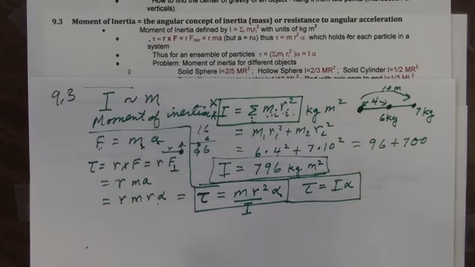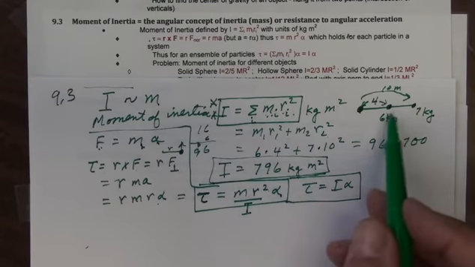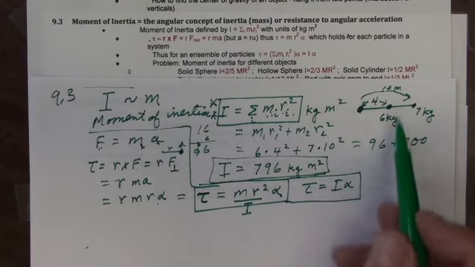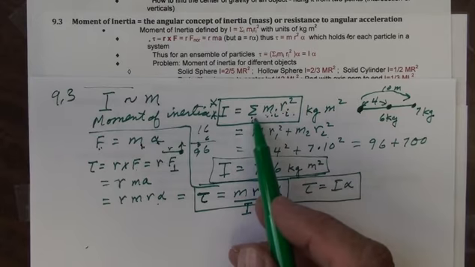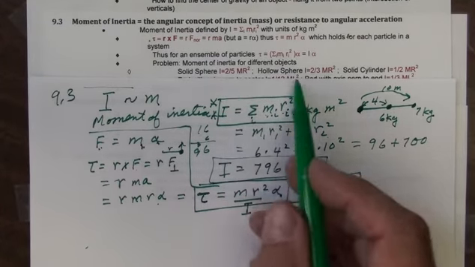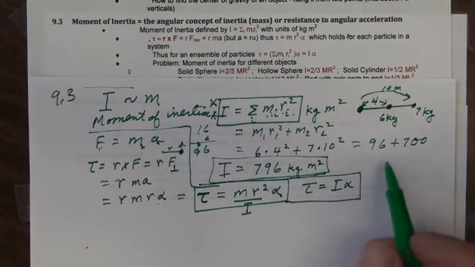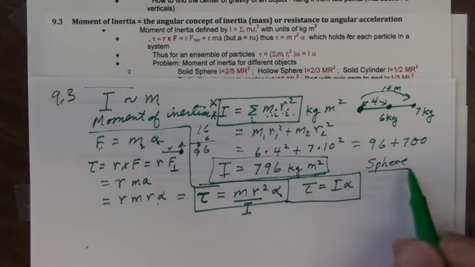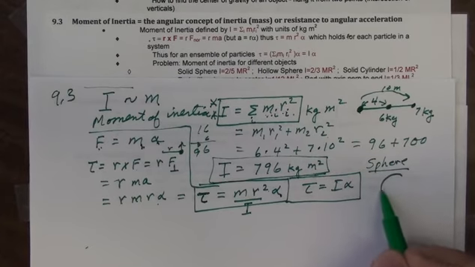Now, if we have a simple system like we did here, where we had two masses, it's easy to compute what the moment of inertia is. But what do we do if we have solid things like a sphere? For that sphere, the mass is distributed in a very complicated way. In fact, it's not even like a cylinder.